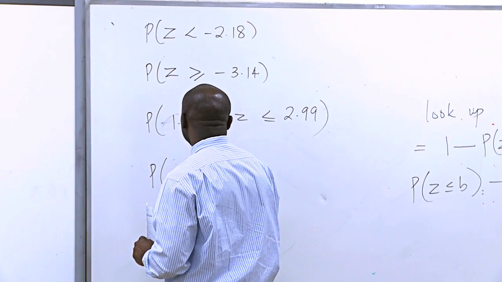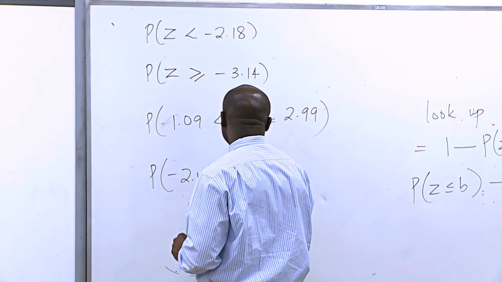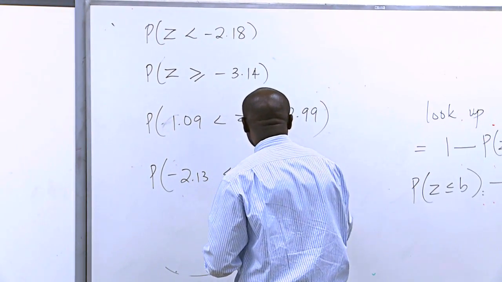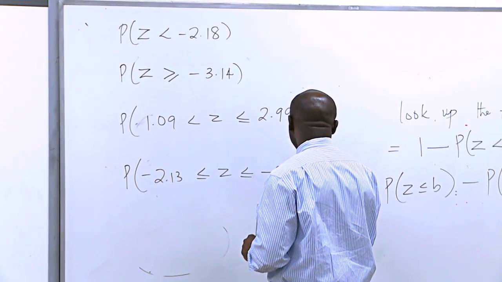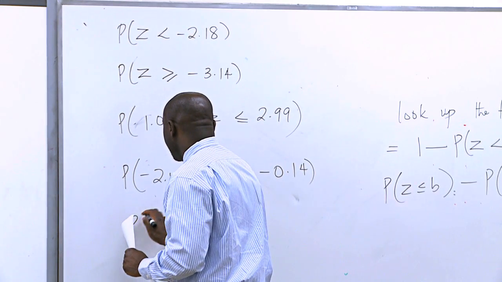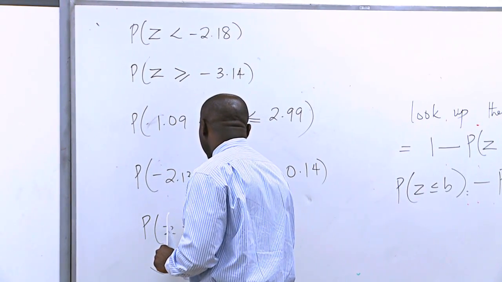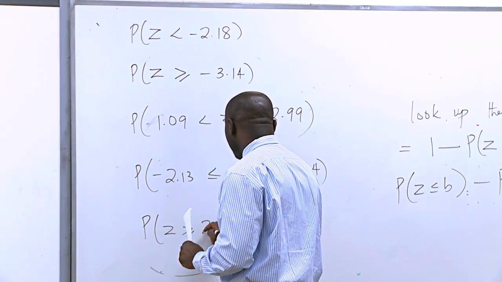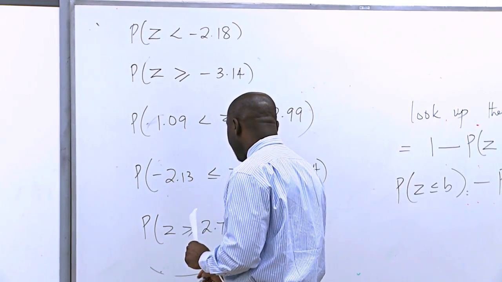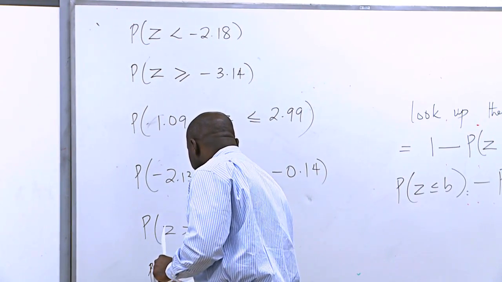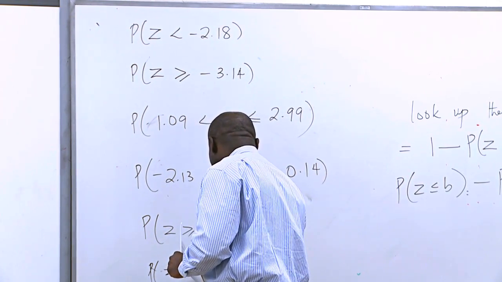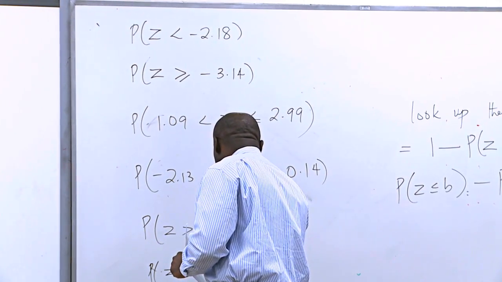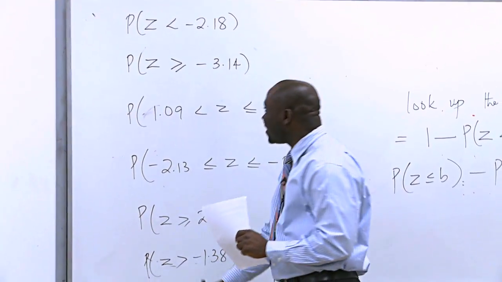P of negative 2.13 less than or equal to z, less than or equal to negative 0.14. P of z greater than or equal to 2.76. P of z greater than negative 1.38.